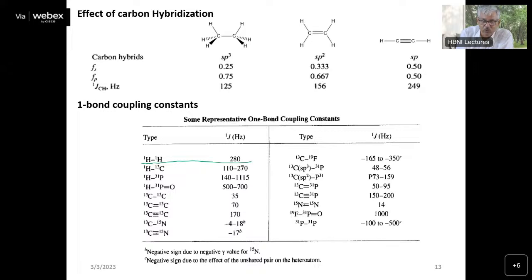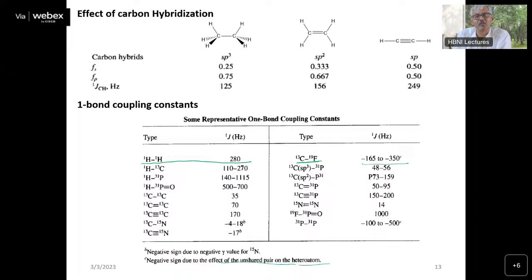I'll tell you how to find out, but you should remember that normally one bond coupling constants are quite large, even 500 to 700 hertz in many cases. In the case of fluorine and carbon-13 that I was telling you, both gyromagnetic ratios are positive and both have spin half, but the value is negative, and that negative sign comes due to the effect of the unshared pair of electrons on the fluorine.